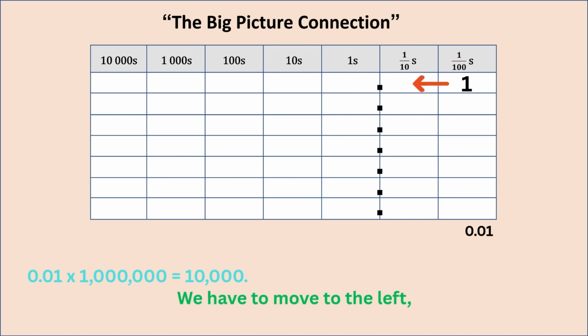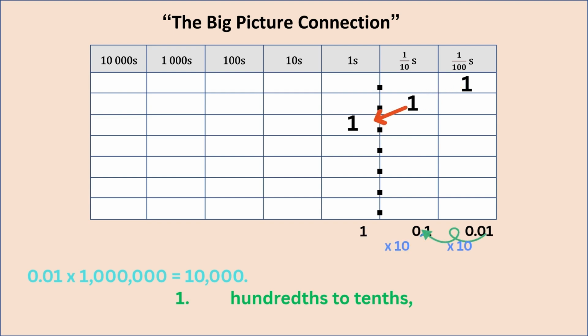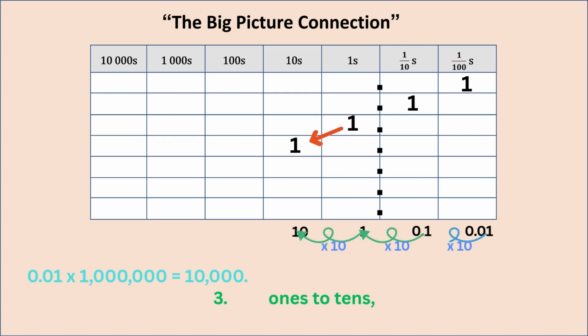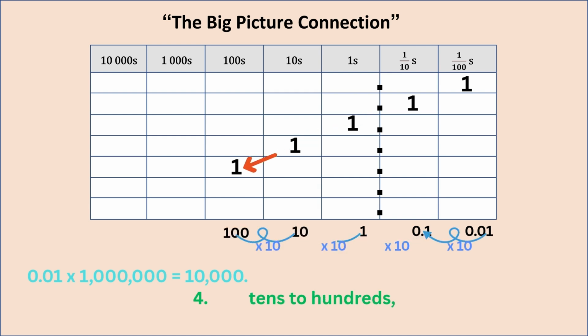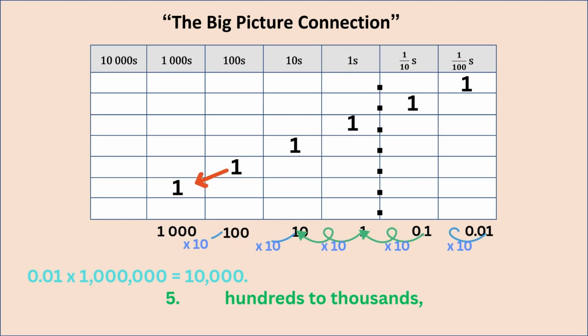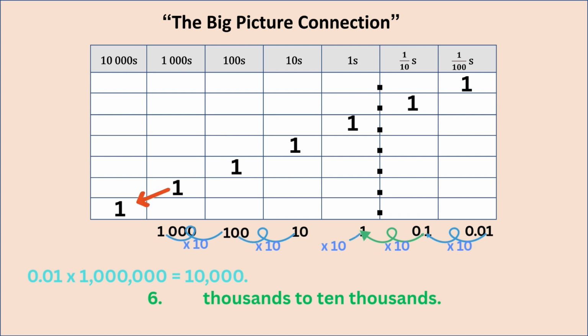We have to move to the left: 1, hundredths to tenths; 2, tenths to ones; 3, ones to tens; 4, tens to hundreds; 5, hundreds to thousands; 6, thousands to 10,000s.